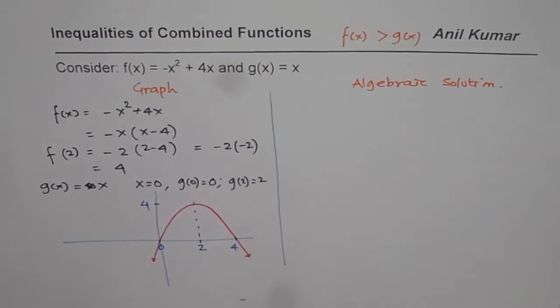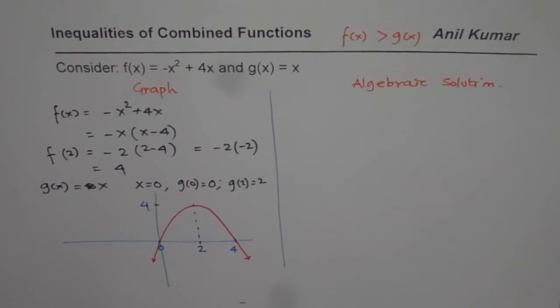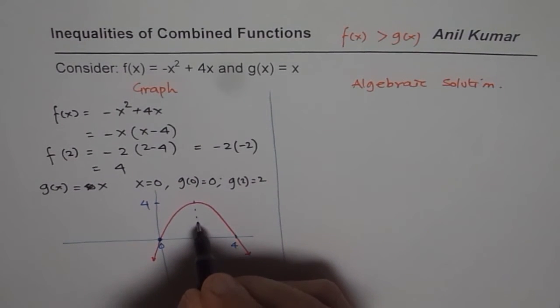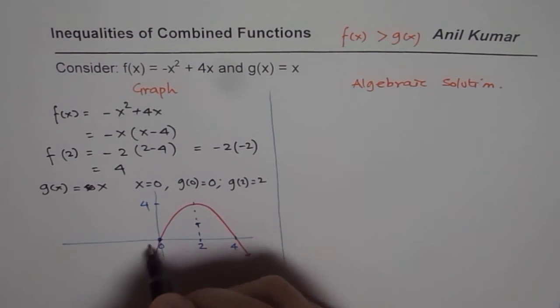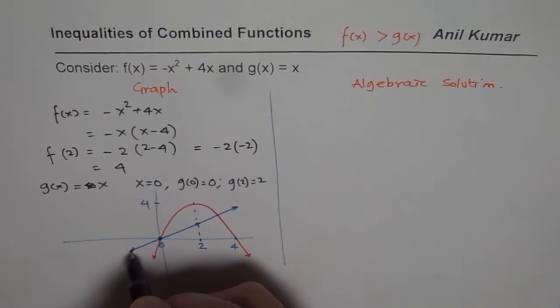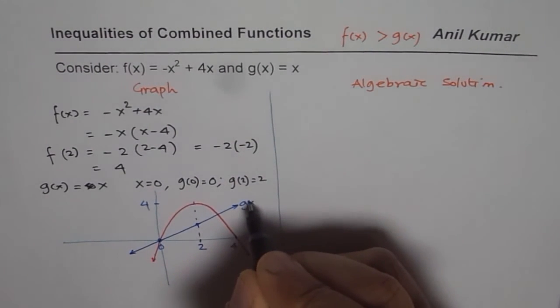So we get 2 points. Joining these 2 points, we can sketch the graph of this function. The first point is at 0, the other at 2, midway between 0 and 4. Connecting these with a straight line, I get the function g of x.